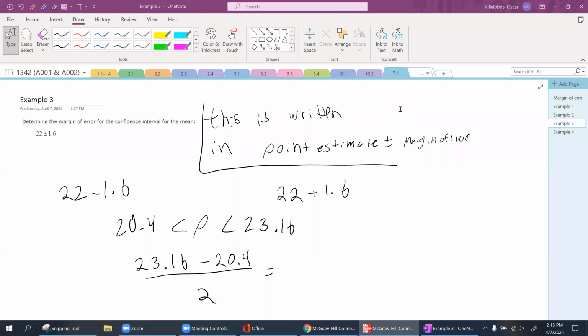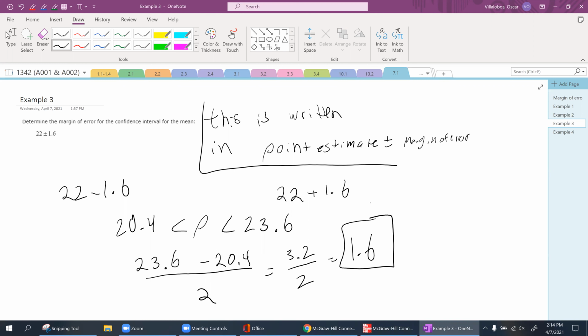I don't know why I wrote 16 here; this should be 23.6. Let me double check the other one: 22 minus 1.6 is 20.4. That is correct, so my apologies. So this is 23.6 minus 20.4, which is 3.2, divided by 2, and this gives me 1.6.